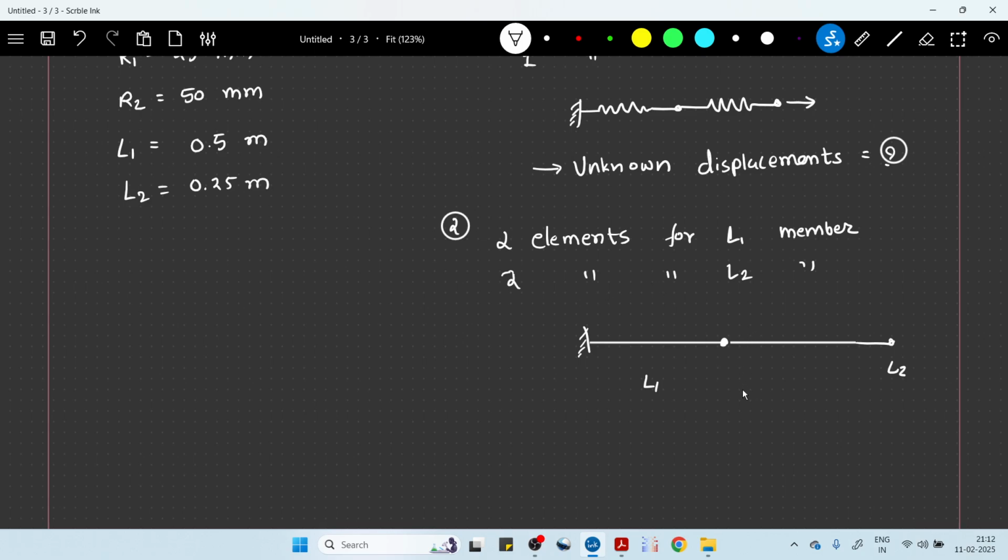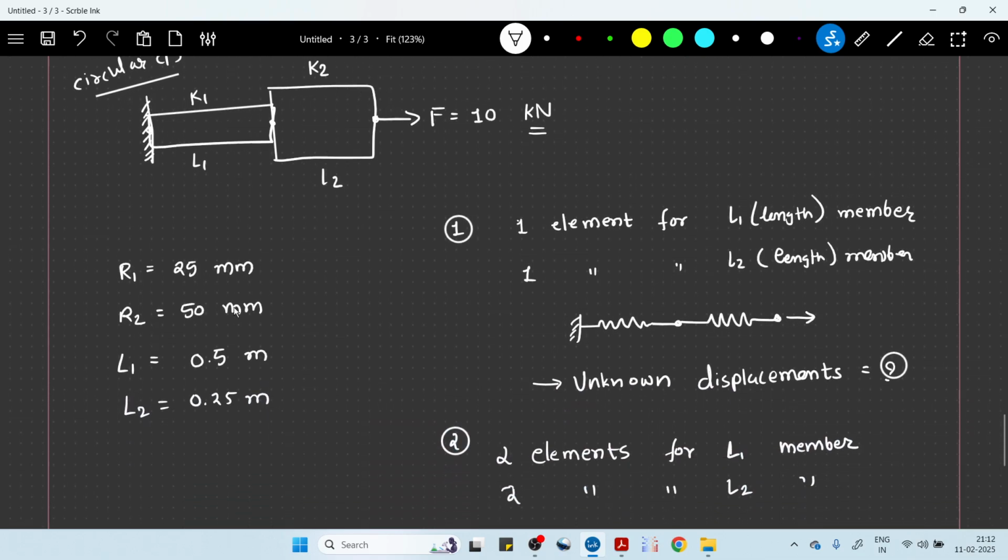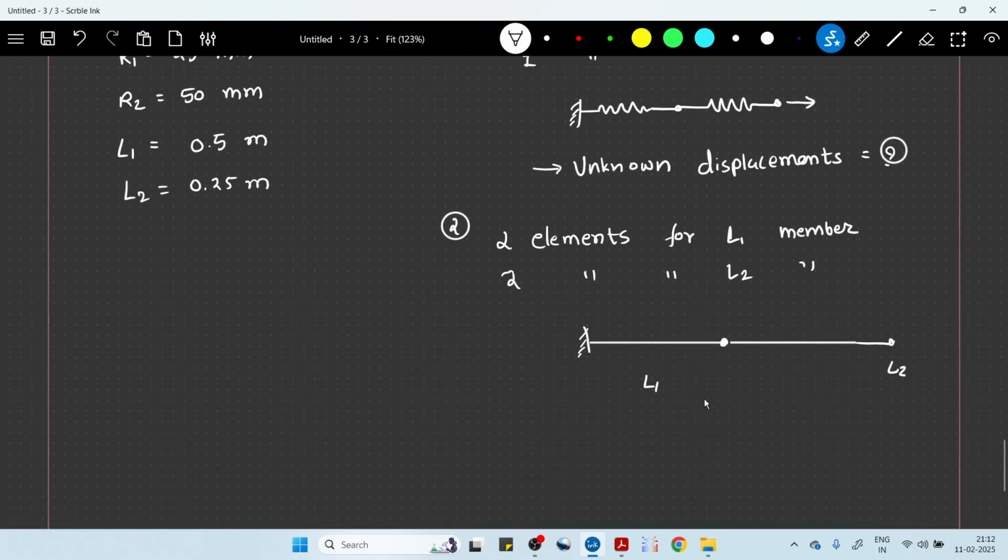This representation may not be correct, since L1 is 0.5 meter and L2 is 0.25 meter, but I hope you understand. I'll put a big dot here just to differentiate. So two elements for L1 and L2. For this also, you have to find the unknown displacements.